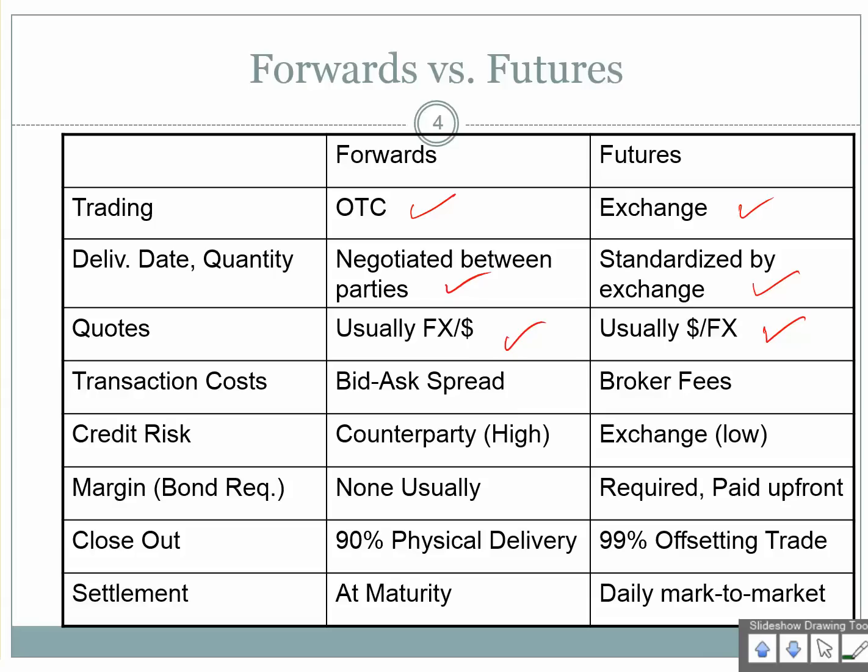A forward contract, you pay for it through the bid-ask spread. In other words, it's a higher price to buy and a lower price to sell. Futures contract, there is one price, however, you will pay a broker fee. A forward contract is considered to have counterparty risk, meaning that if you have a forward contract to buy or sell a currency next year, there is a chance that that counterparty may not deliver.